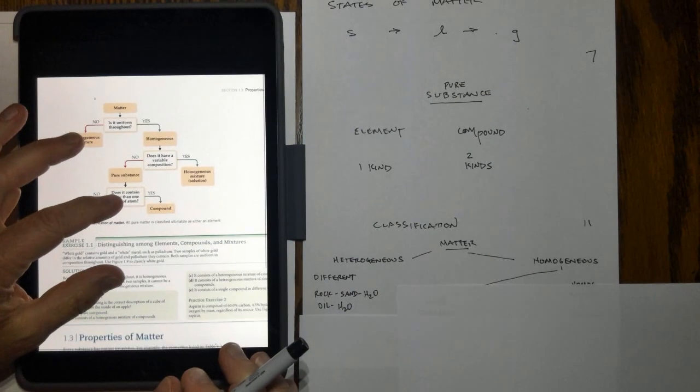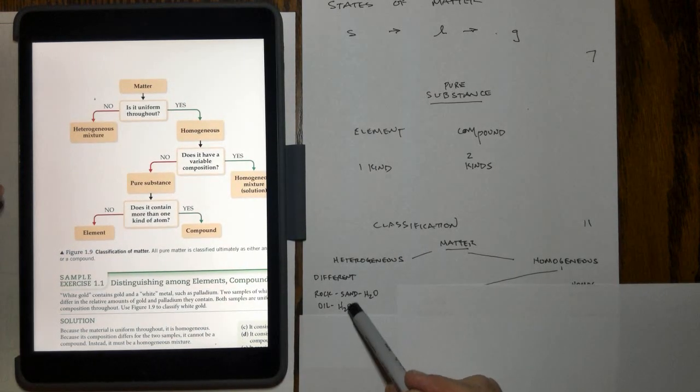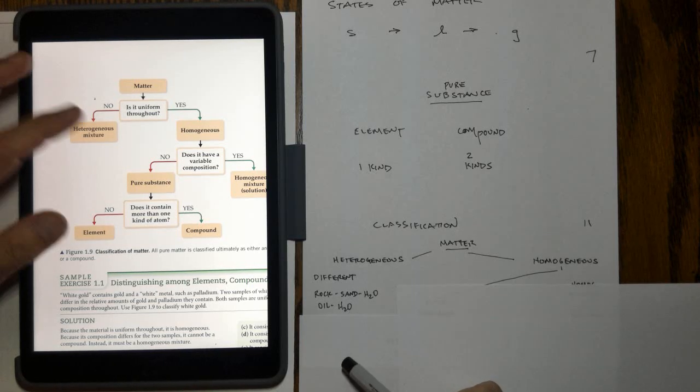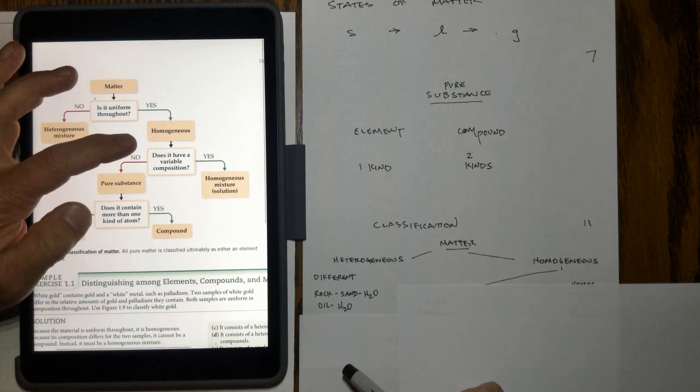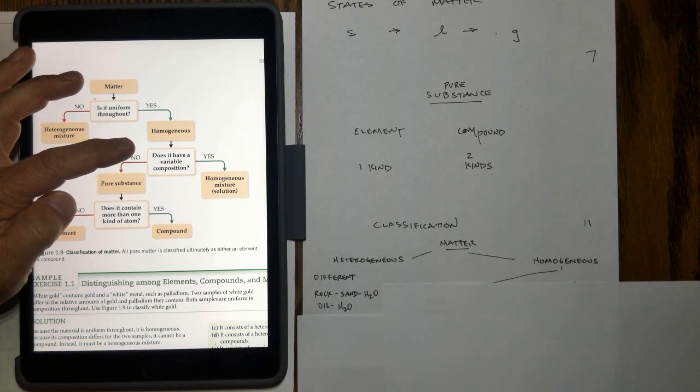In your textbook, on page number 11, they actually have a really nice diagram, just like this, of heterogeneous mixtures right here. The other type of matter that we would classify would be homogeneous, meaning that it's the same throughout.